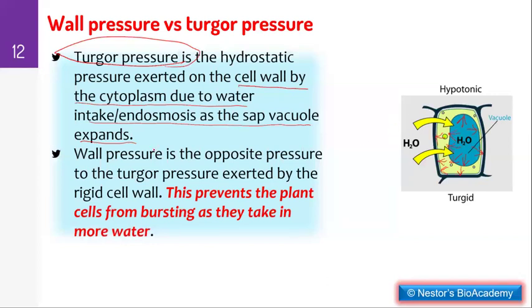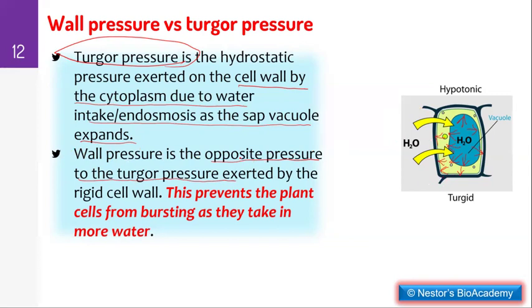In return, the cell wall, being made up of a rigid cellulose, will exert some opposite pressure, which is equal to the turgor pressure. And this is the pressure that prevents the plant cell from bursting.